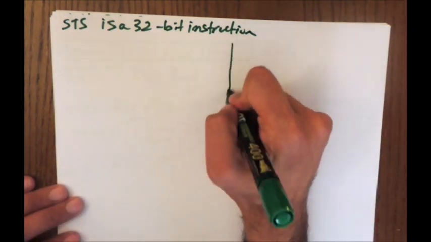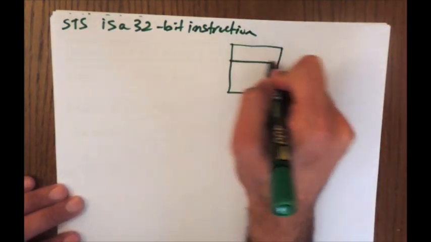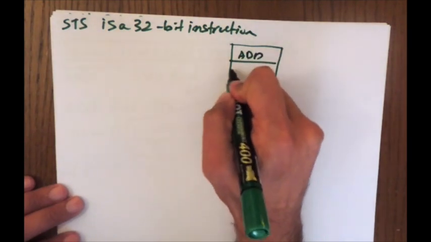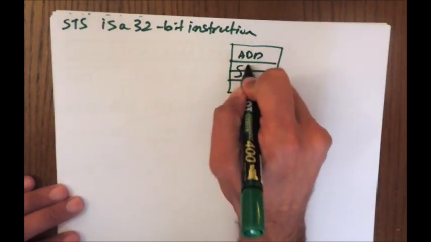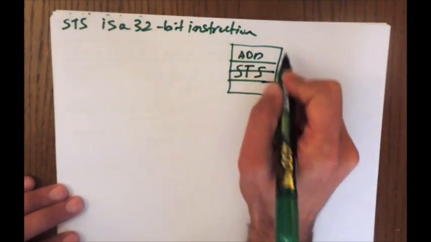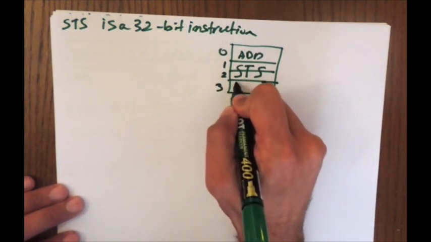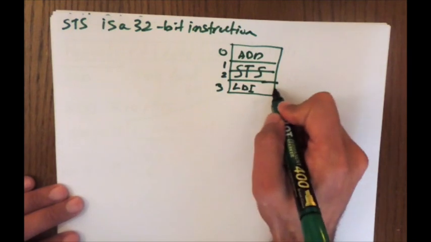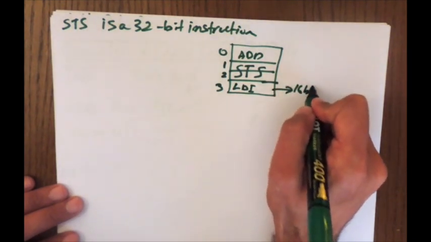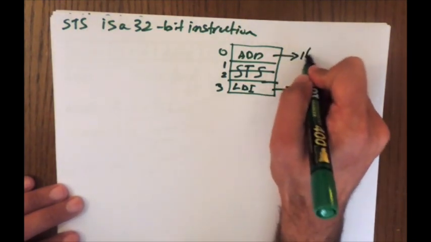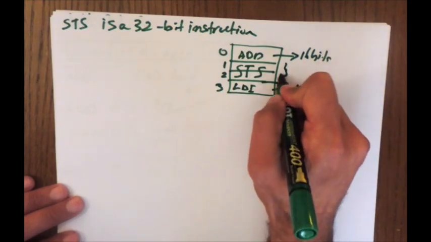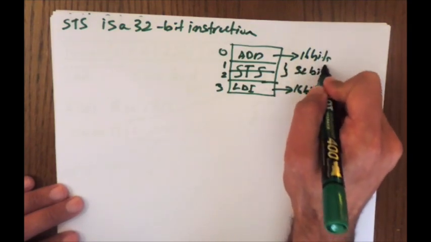So if I place an SDS, say this is add, it will take 2 places in memory: this will be 0, this will be 1, this will be 2, and then 3. We have LDI, which is also 16 bits, and SDS takes 32 bits.